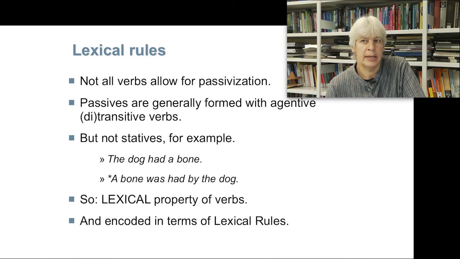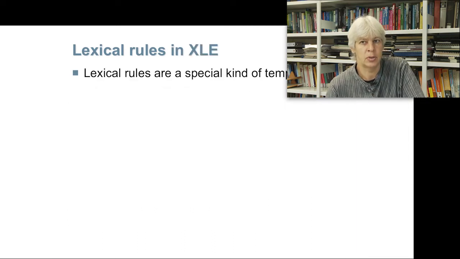They always take a parameter. Remember, we had templates which didn't have to take a variable, and we had templates which could. So you could pass in a predicate value, etc. Lexical rules always take a single variable. That single parameter is the subcategorization frame, so in our case, subject-object.